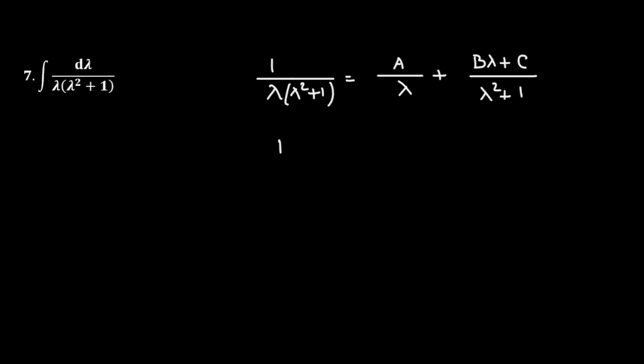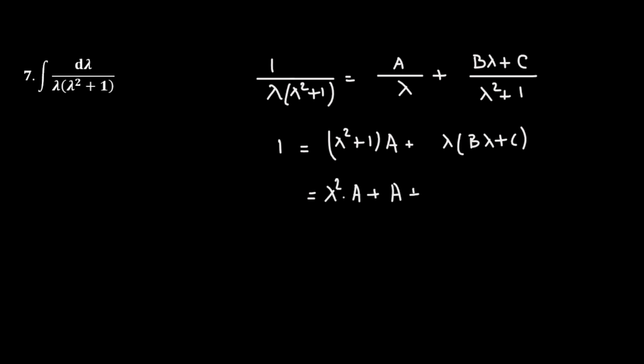which will give us 1 is equal to (lambda squared plus 1) times a plus lambda times (b lambda plus c). That will be equal to lambda squared a plus a plus lambda squared b plus lambda times c. Writing the common terms together, we have lambda squared times (a plus b) plus lambda times c plus a.